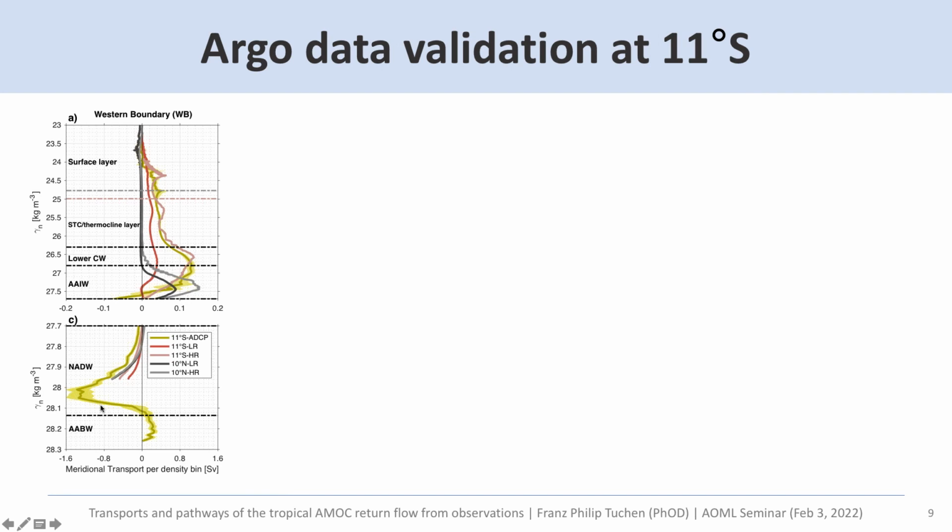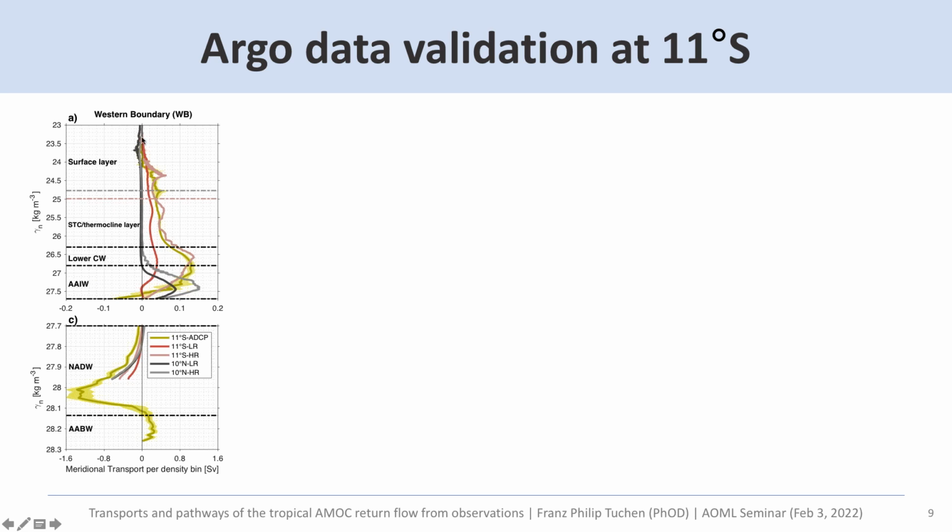So first, focusing on the ship-based estimates, we can again see the structure of the AMOC, northward transport in the central water to intermediate water layer, and then this southward transport in the deep water layer. You have to know that Argo data is only widely available to about 2,000 meters. This is why only for the ship-based measurements we have data down to the bottom, and we will not be looking further into deep water or bottom water layers.